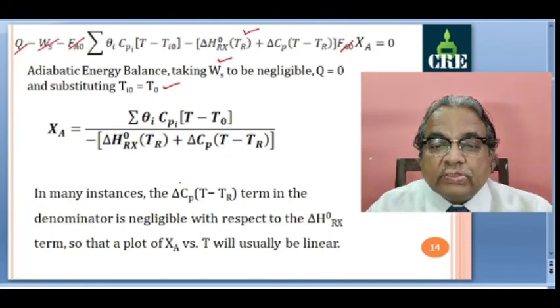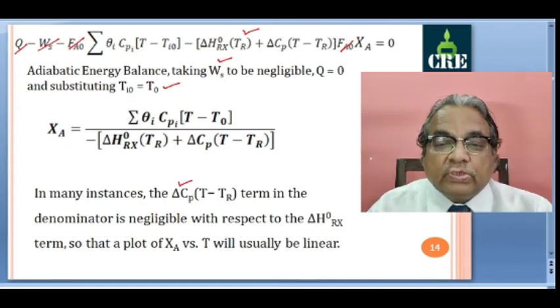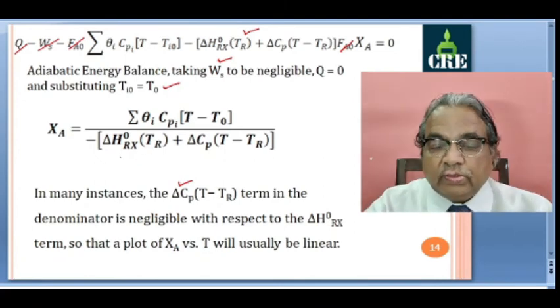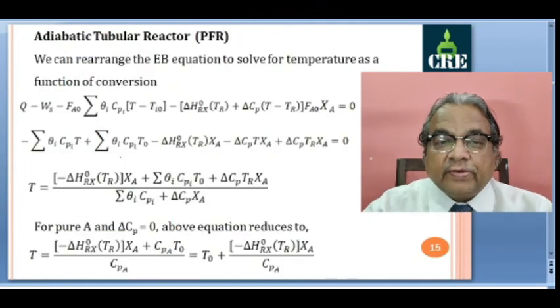So in many instances we will have the case where delta Cp T minus Tr term in the denominator is negligible as compared to this term. Okay, so we will have simply this term and this term. So plot of XA versus T will be usually linear, that is straight line.